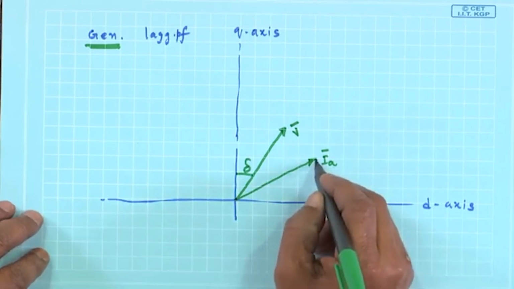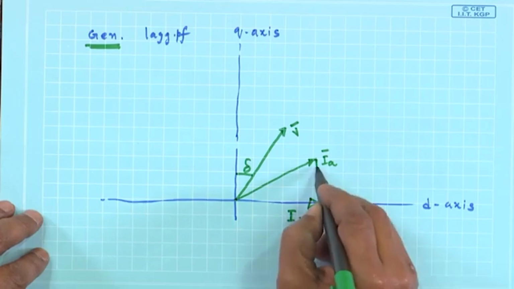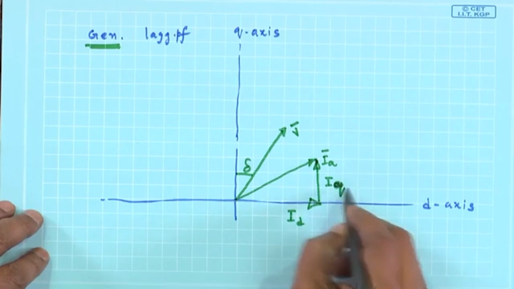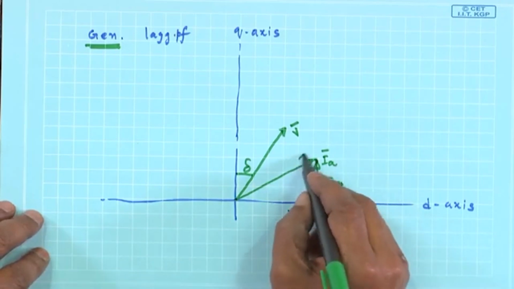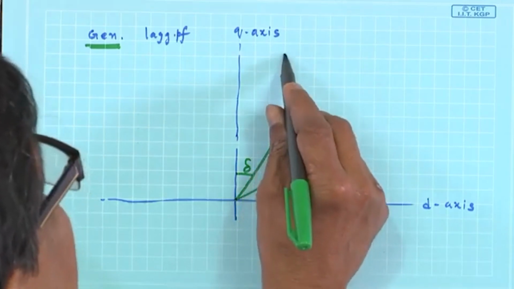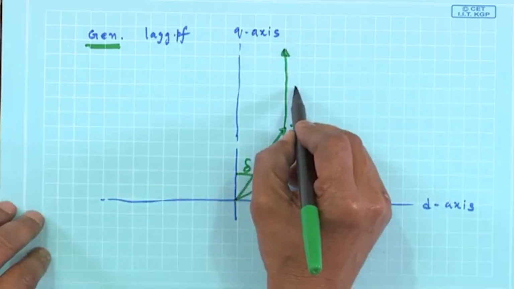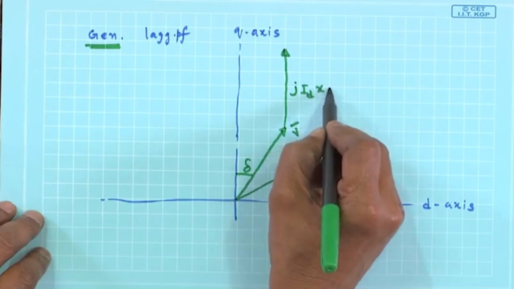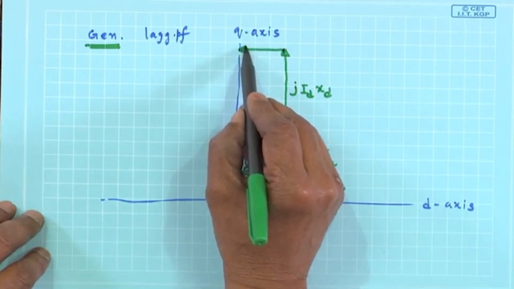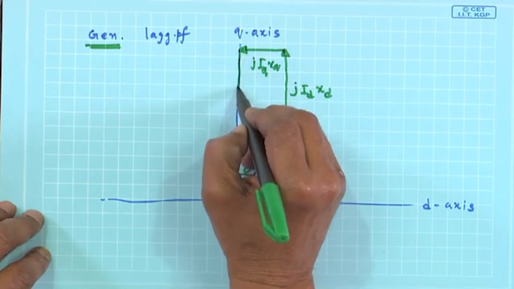Terminal voltage, that is the thing, and this will be your delta. Then this IA will have two components, that is ID and IQ. Mind you, this is not IA, this is IA. Then V plus j ID XD you draw, and this length will be higher because XD is higher. So, this is j ID XD, and then j IQ XQ, fine, and I will tell this is my Ef.